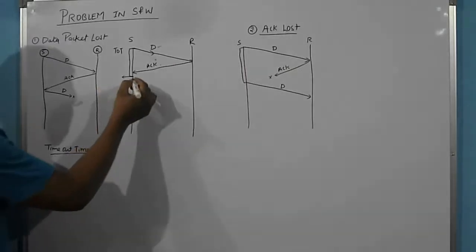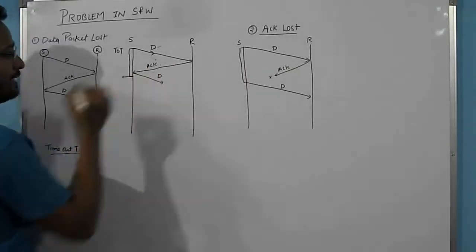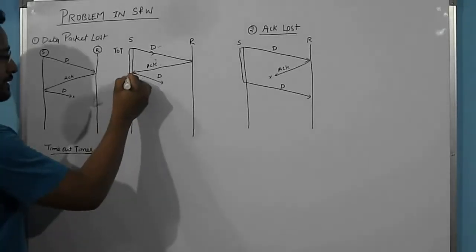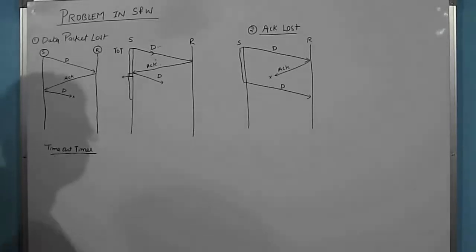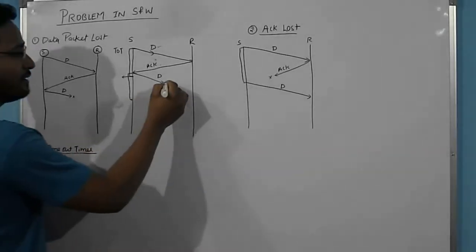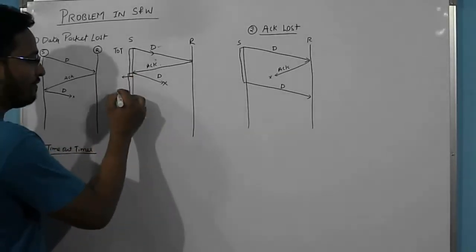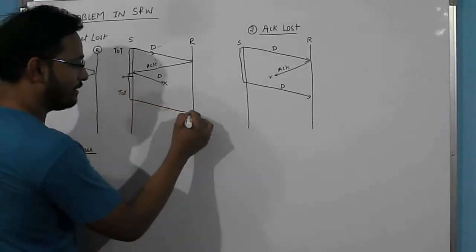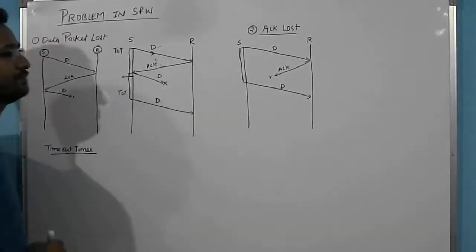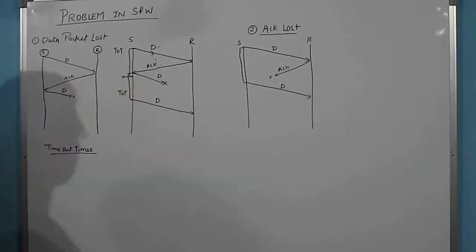Then sender starts sending the next data packet. When sender starts sending the next data packet, the timeout timer of this data packet starts. Suppose this data packet is lost in traffic. What happens after the timeout timer expires? Sender resends this data packet after the timeout time.